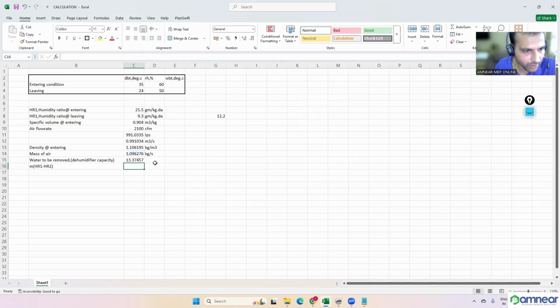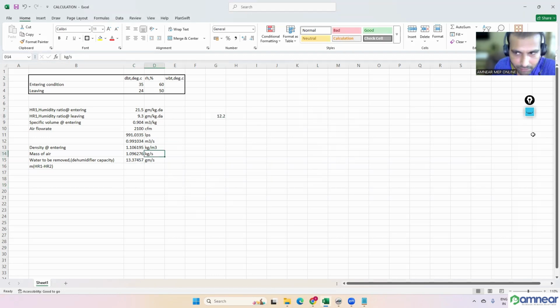So 13.37 grams per second. Each second, this many grams, because you can see this is 12.2 grams only.